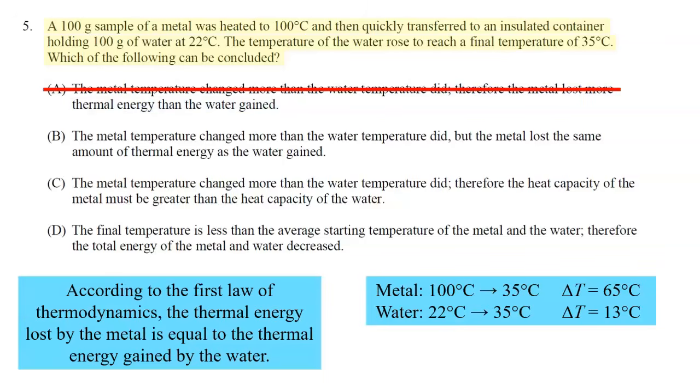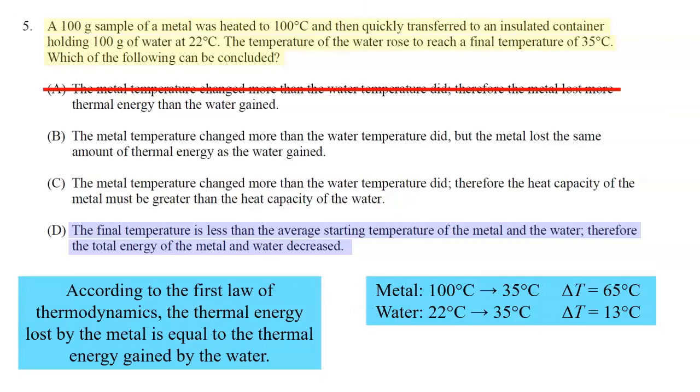Now let's take a look at choice D, which says the final temperature, which is 35 degrees Celsius, is less than the average starting temperature of the metal and the water. So what they mean by that is 100 plus 22, which is 122. If you divide that by 2, you would get an average of 61. So what they're concluding in choice D is that the total energy of the metal and water decreased, and that's not true.